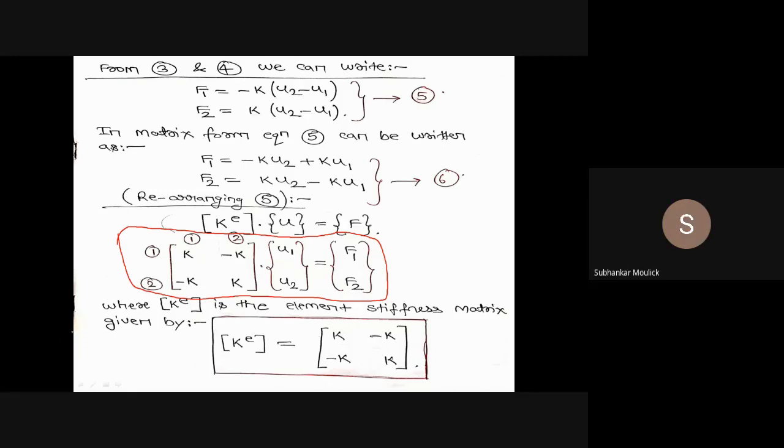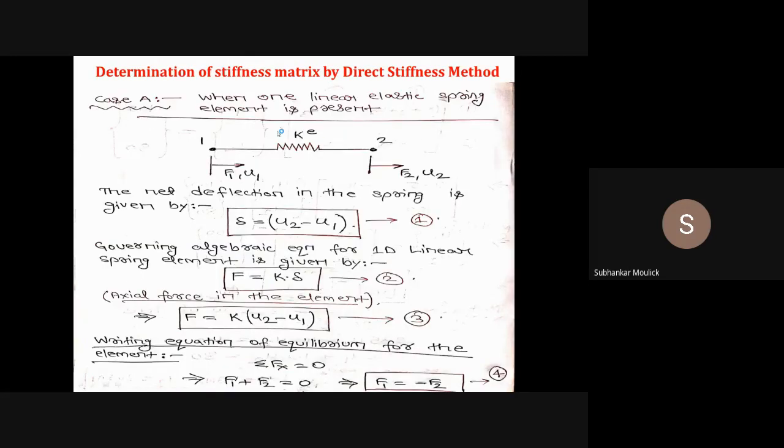So in this expression, this KE is this term, this U is this term, and this F is this term. This particular term, KE, is known as the global element stiffness matrix for this particular element by the direct stiffness method.